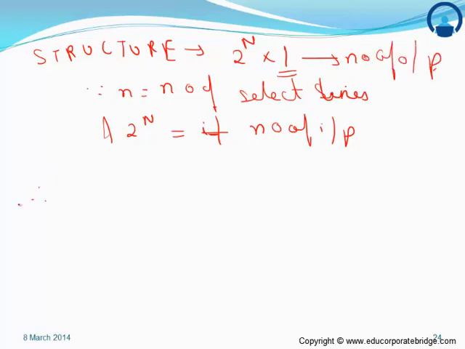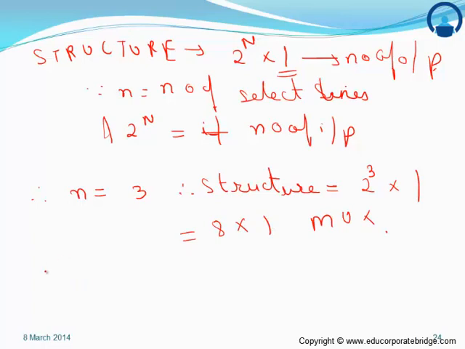Therefore, if the number of select lines n is 3, the structure of MUX will be 2 raised to 3 cross 1, which gives an 8 cross 1 MUX.